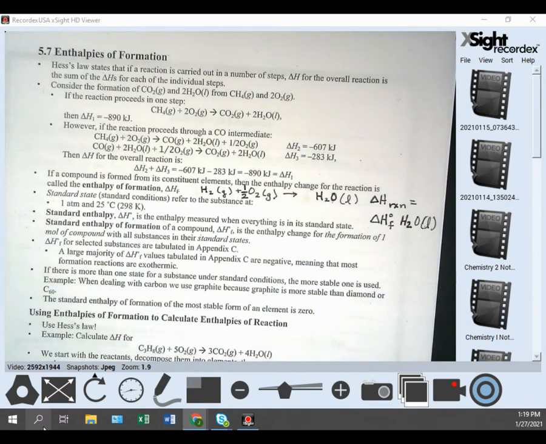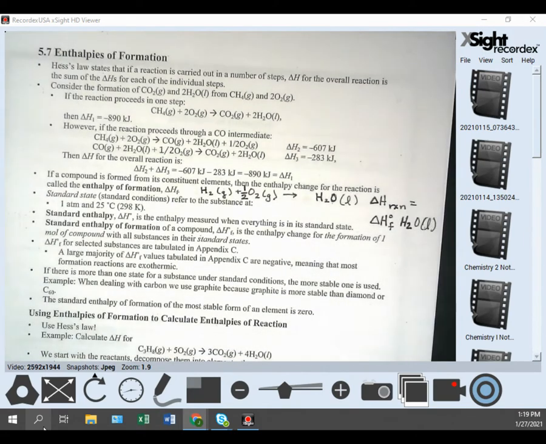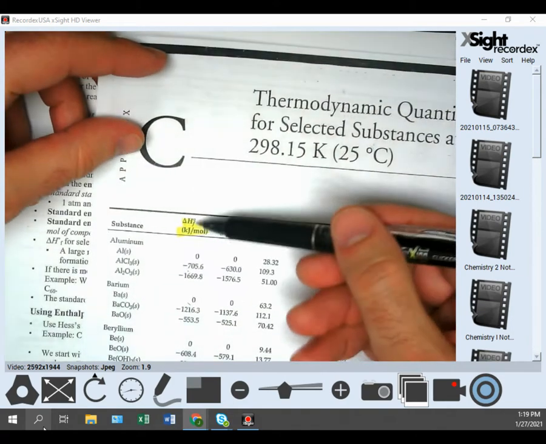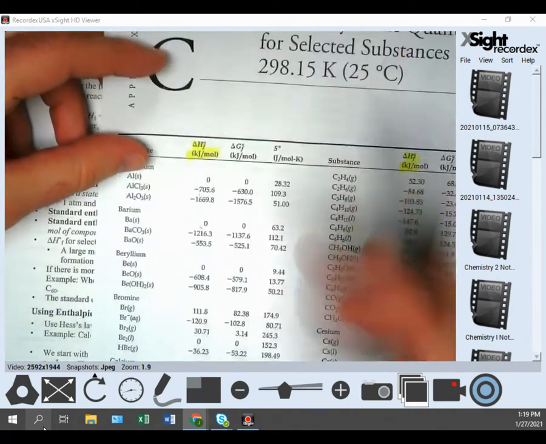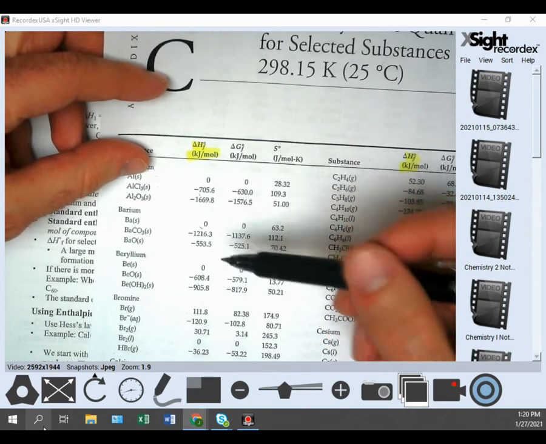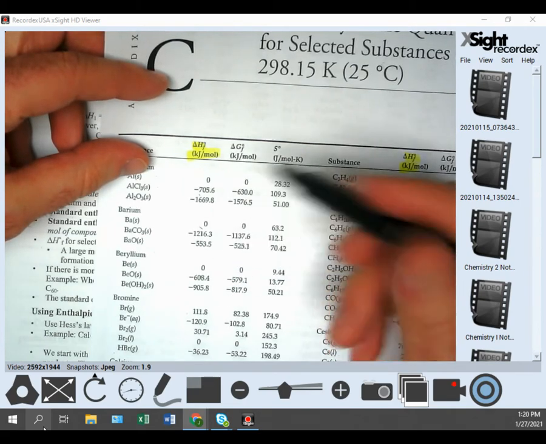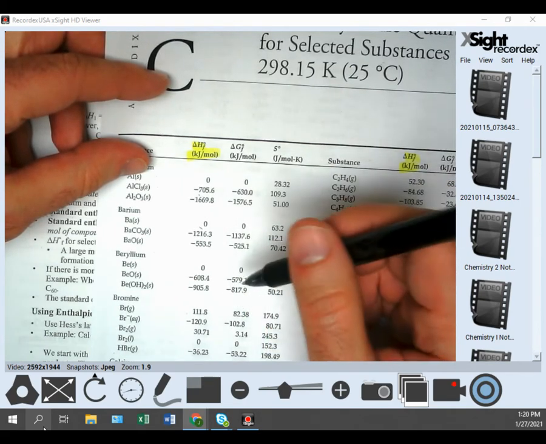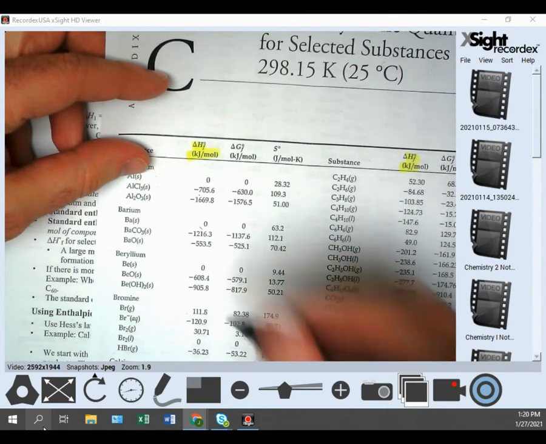Essentially, all of these delta H of formation numbers are the energy that's either given off or absorbed when that compound is made from individual elements.